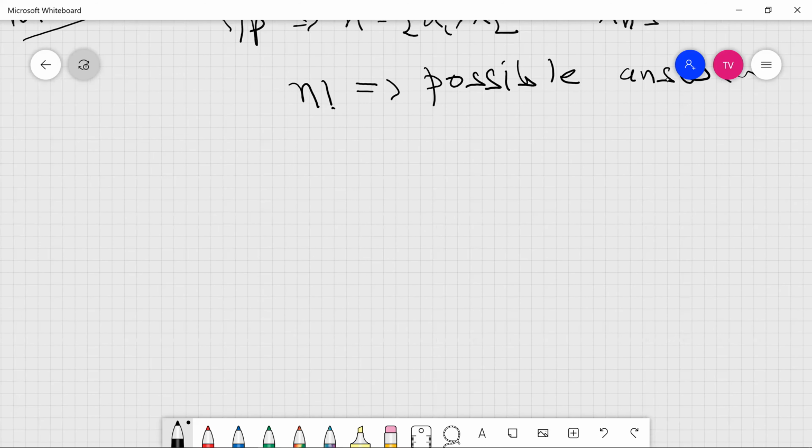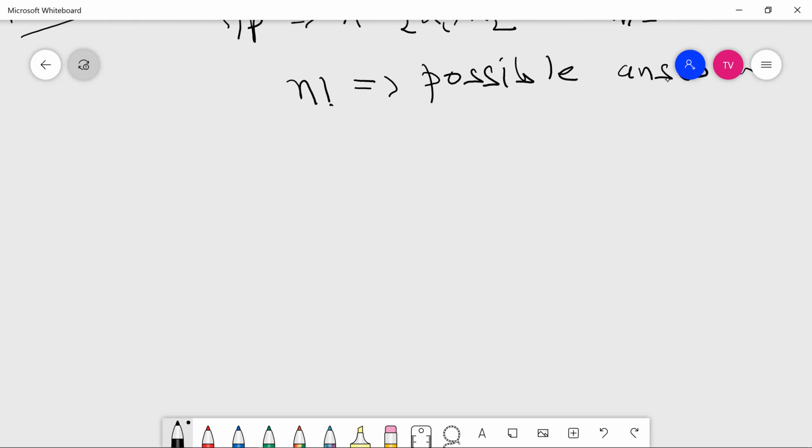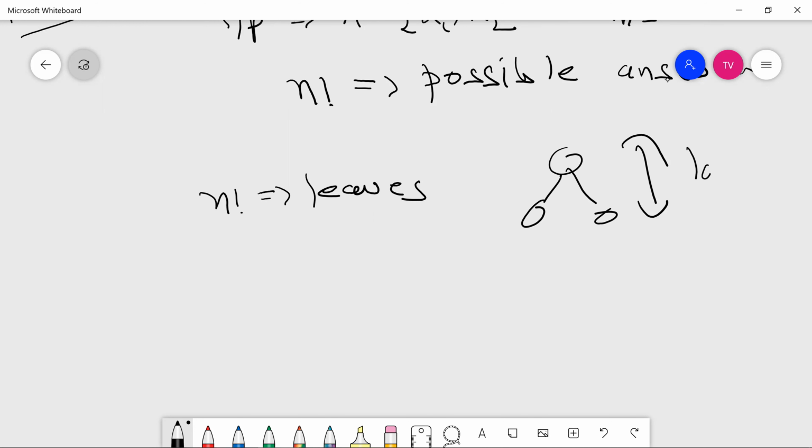Now, this means that the tree should have n factorial leaves. And if the tree has n factorial leaves, the height of the tree should be log of n factorial, which can also be written as n log n.